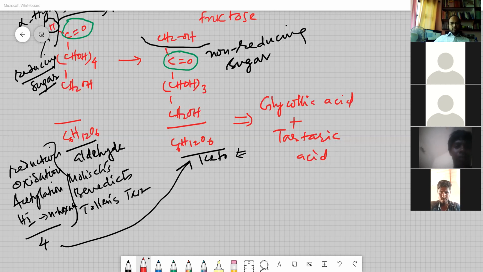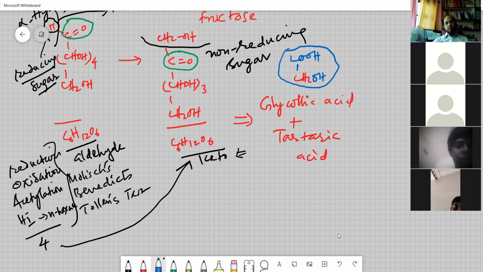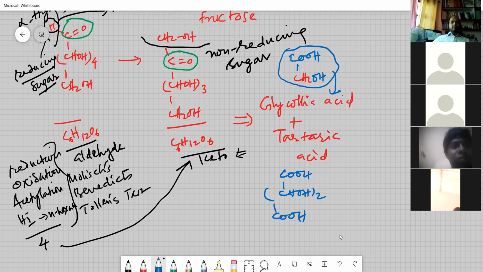I think you know the formula of CH2OH, COOH. This is for glycolic acid. And for tartaric acid, we have COOH, CHOH, twice, and then COOH.